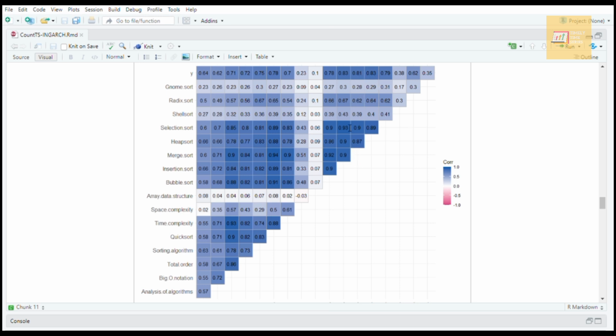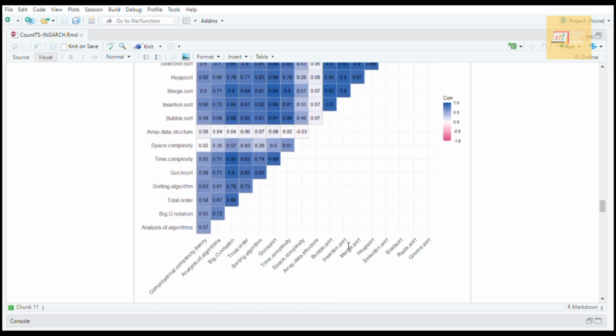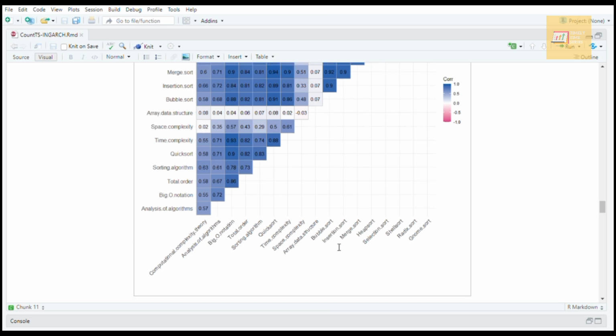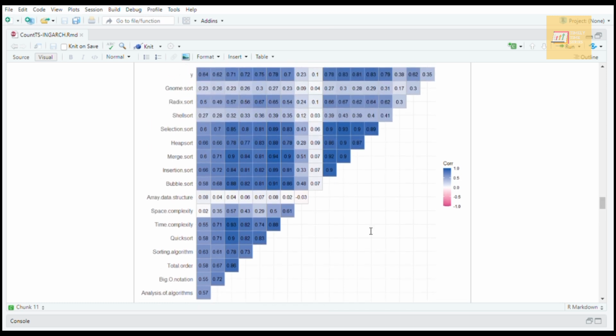These three are insertion sort, merge sort, and heap sort. And here we can see all the covariates named, by the way, either on the x-axis or the y-axis. It's interesting to look at this correlation plot because all the correlations are positive, so they are positively correlated among each other.